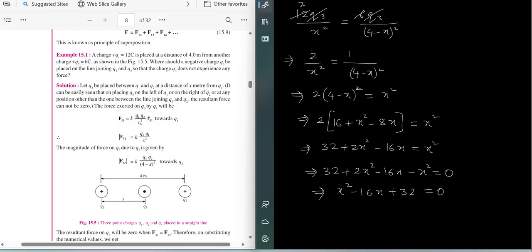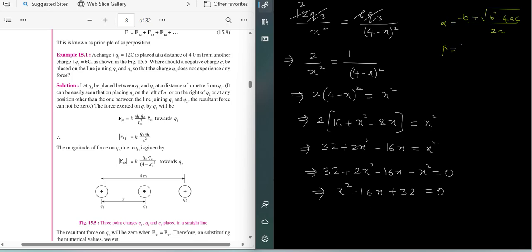On solving this quadratic equation, what do we get? What is the solution of a quadratic equation? If it has two roots, alpha is equal to minus b plus under root b square minus 4ac upon 2a.